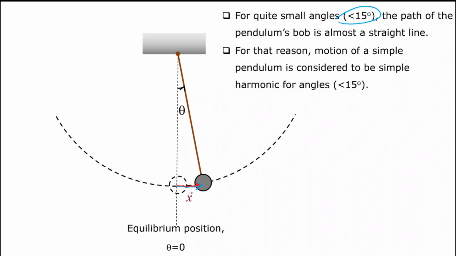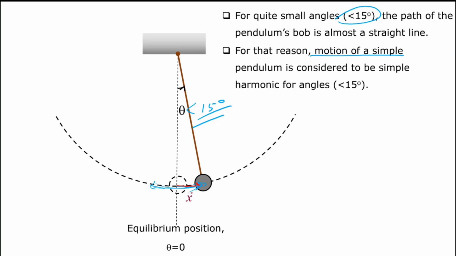For that reason, motion of the simple pendulum can be considered to be simple harmonic for angles less than 15 degrees. In fact, this is one way we can tell at what angle it is simple harmonic or not. We are going to look at the path; the path must be very close to a straight line. So in this case, we can say that this vibration can be a simple harmonic motion. But in fact, we are not going to search for this.